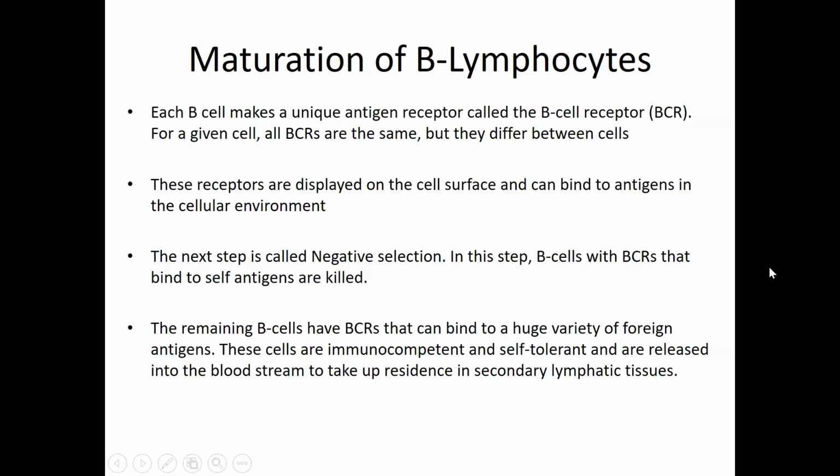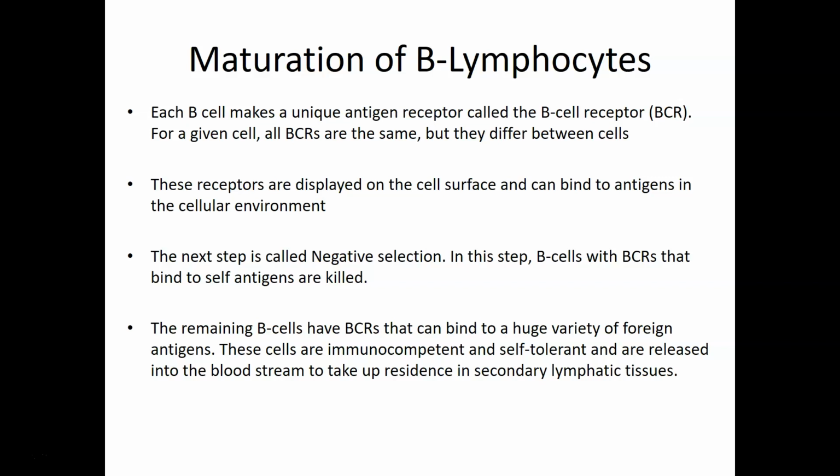Negative selection involves killing and removing B cells that make a B cell receptor that could bind to normal body self-antigens. We don't want them released, so they are killed in the bone marrow and never released.